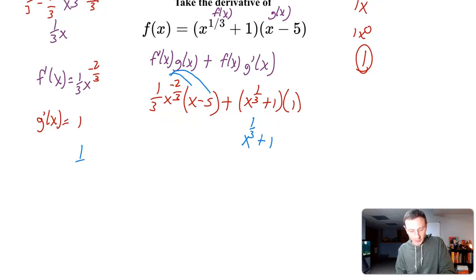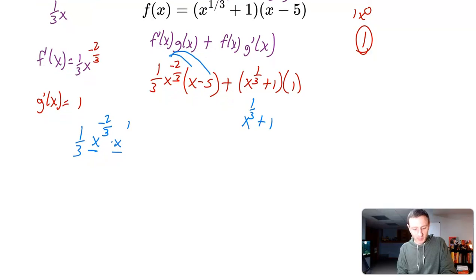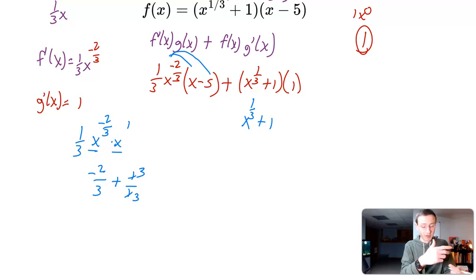So this is going to be 1/3 x to the -2/3 times x to the first. Multiplying by the same base, we add the exponents. So you want to do -2/3 plus 1 over 1. So this is going to become 3 over 3, just like before. When we were taking the derivative, we were subtracting 1.